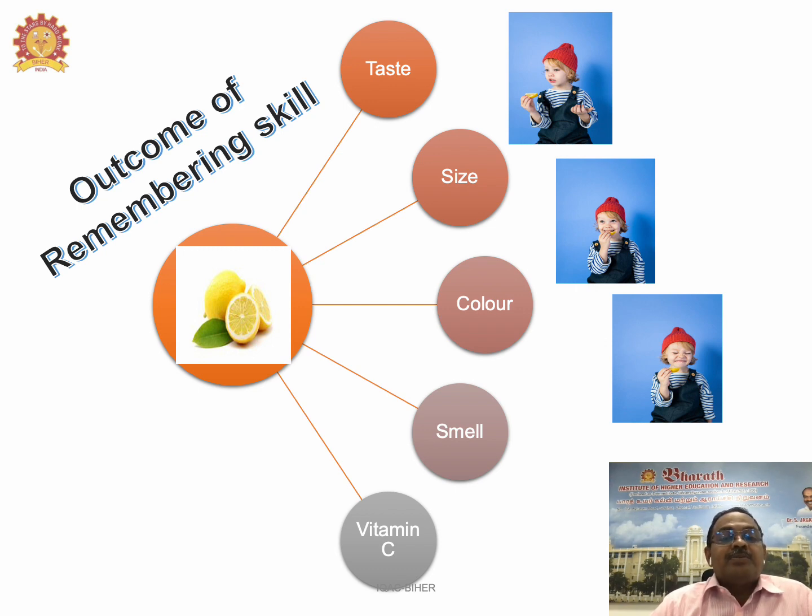How is it possible? The child will take the fruit, the lemon, in the initial stage and smell it, and find the data of the lemon smell, lemon color, lemon size, and the taste of the lemon. Everything he will collect and remember as a concept inside the brain. That is the beginning level of learning any concept in this domain.